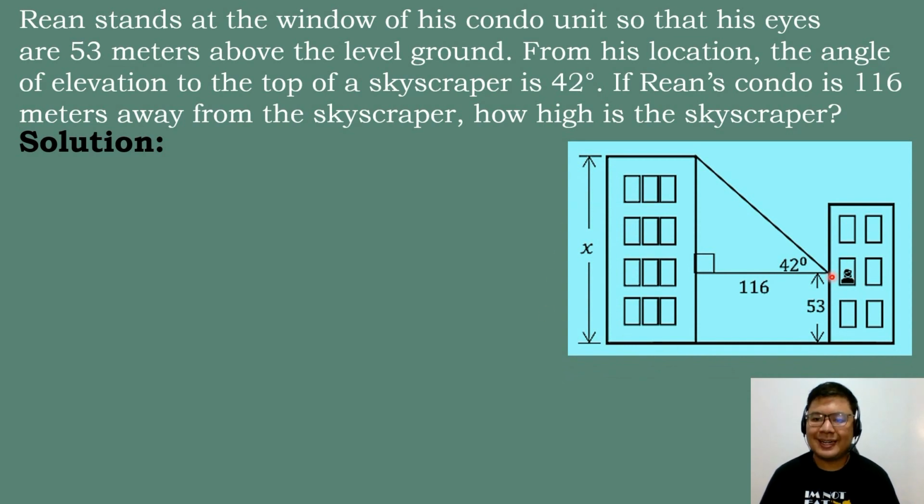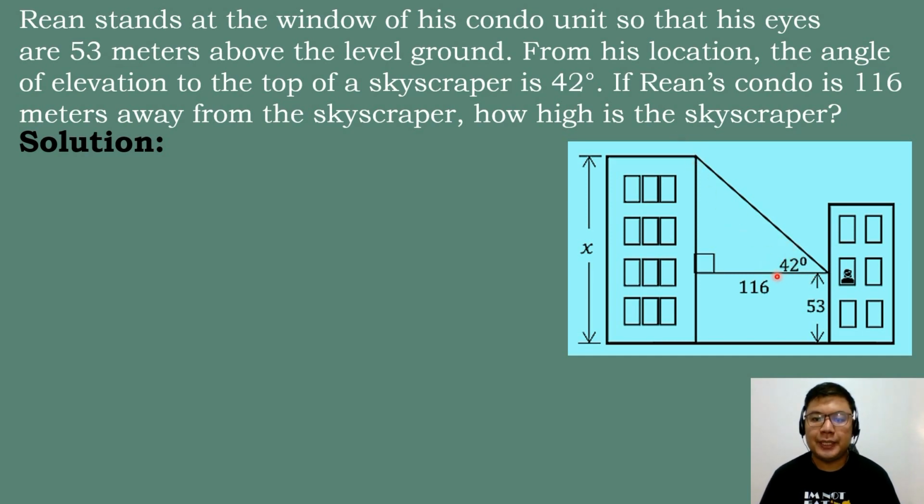So this is Rin, and he is 53 meters above the level of ground. And then the angle of elevation that is formed is 42 degrees to the top of the skyscraper.